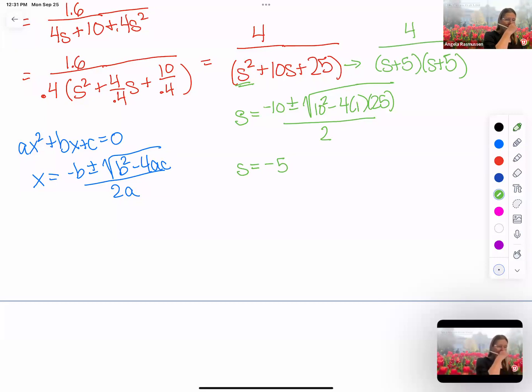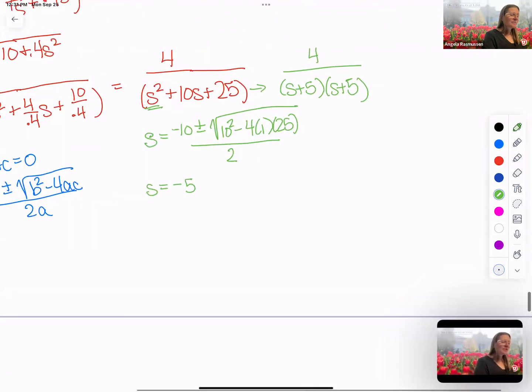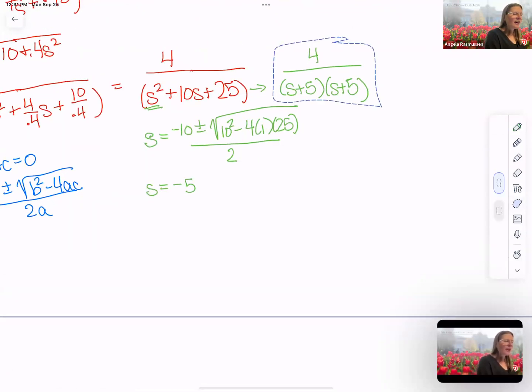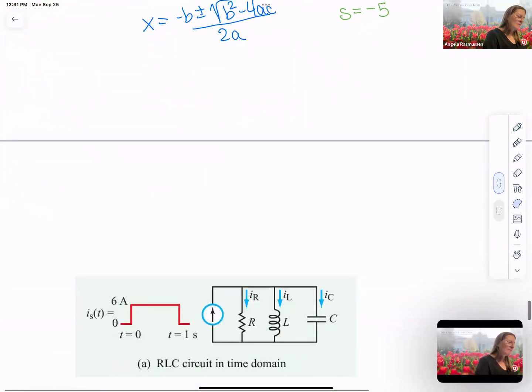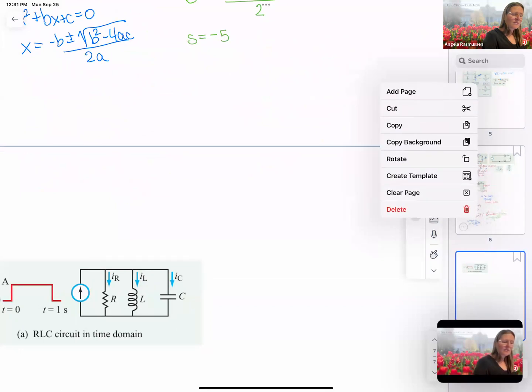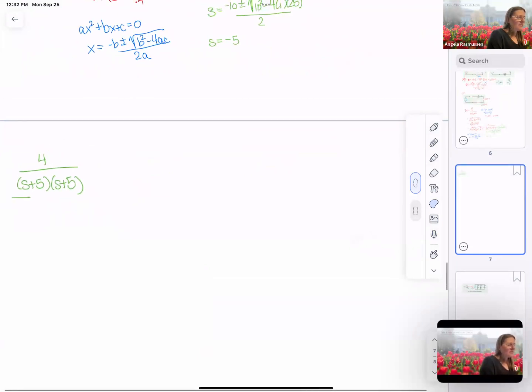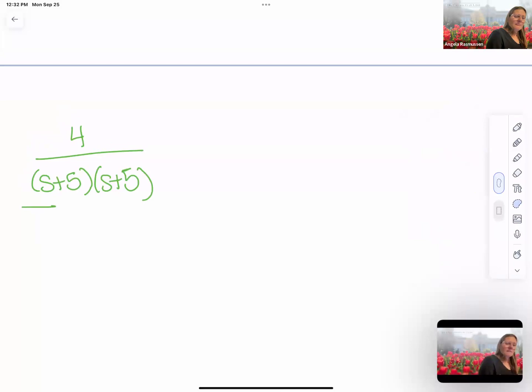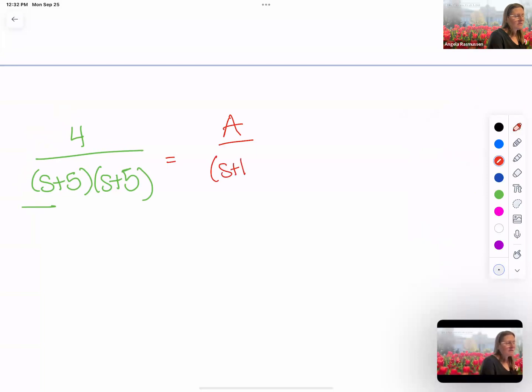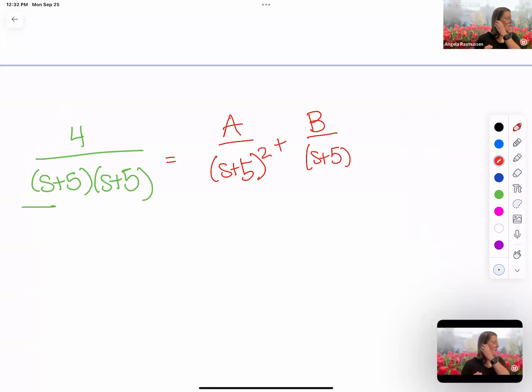So partial fraction expansion is where, once I have it in this form, this is really written as S plus 5 squared.